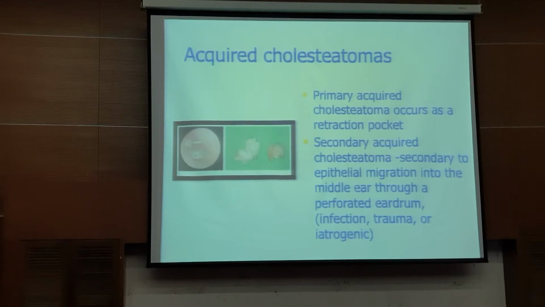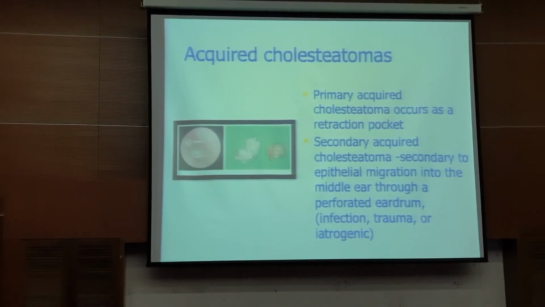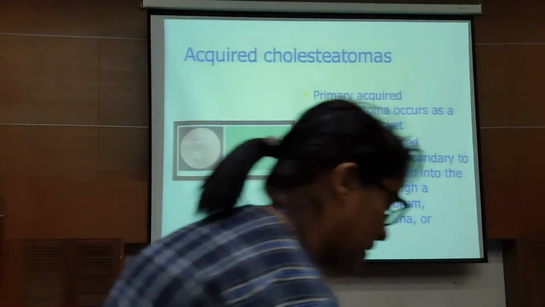This patient had active cholesteatoma. Patient doesn't have any history before, and there is only eustachian tube dysfunction. So you need to think about the Prussak space. The secondary acquired cholesteatoma is due to either infection, trauma, or iatrogenic, i.e. patient underwent laryngectomy and Bromet.